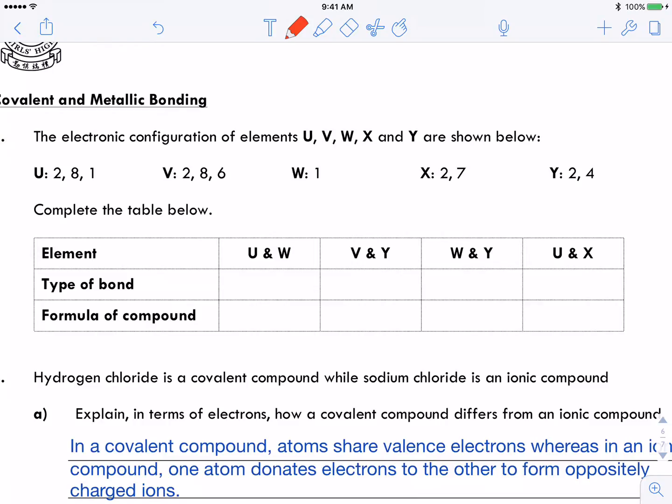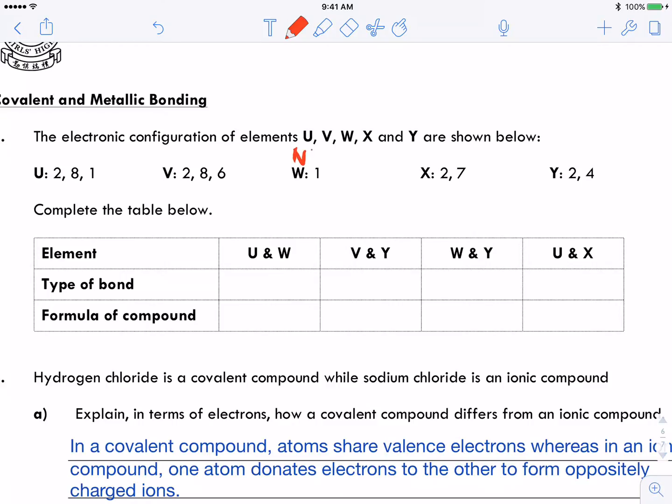U is 2.8.1, V is 2.8.6, W is 1, X is 2.7, Y is 2.4. So between U and W, what kind of bond is formed? Now from W, look at it only has one valence electron, you should know that it is hydrogen. Hydrogen, is it a metal or non-metal?